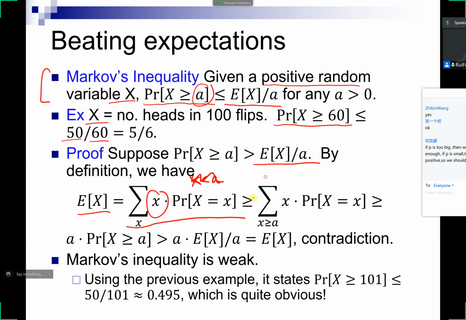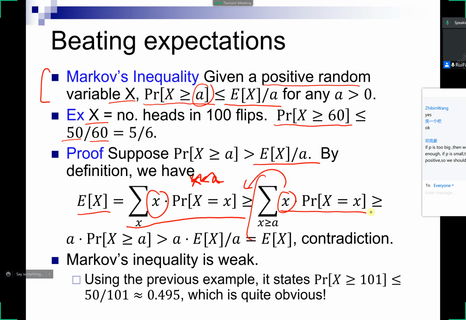Then the remaining terms are the sum over all of the x's which are larger than a, of each x times its probability. Now this is at least equal to, since all of these x's are at least a, you can pull the a out.